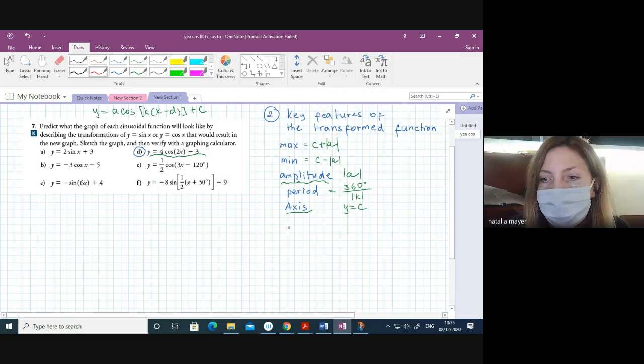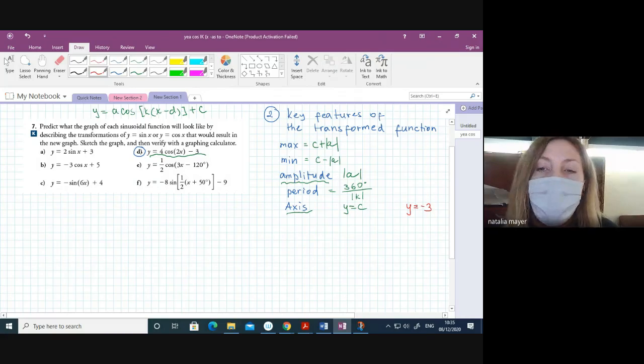So what is the axis equation, Amr? Y equals -3. Now, what is the amplitude, Alex? 4. So, Farah, what's the maximum value given that this is C and this is A?